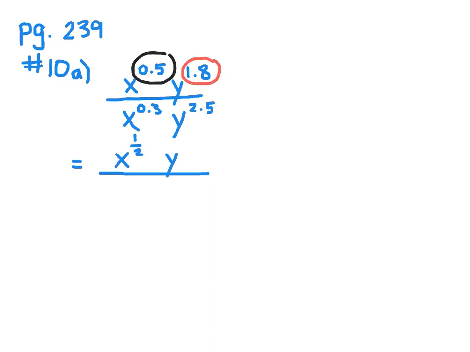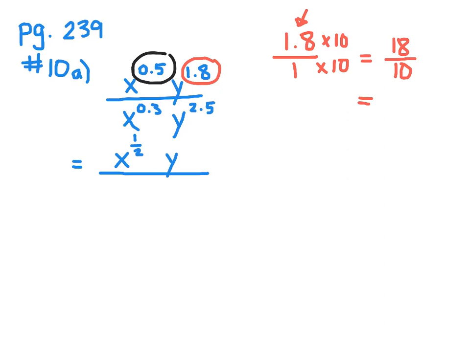So how do you make 1.8 a fraction? Well, 1.8 is 1.8 over 1. If you have a hard time making 1.8 a fraction, all you've got to do is remember a fraction cannot have any decimal in it. So in order to get rid of that decimal, you can multiply both top and bottom by 10, which would give you 18 over 10, and then you could reduce 18 over 10.